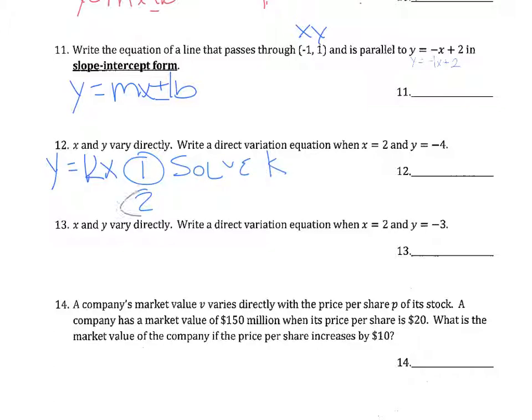Then, second step, rewrite it in this format. Once you find out what k is, you're going to say, okay, y equals, let's say it's 5. This would be y equals 5x. So that's how you rewrite your equation for direct variation. That's for 12 and 13.